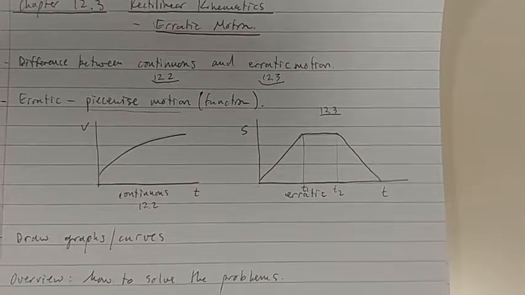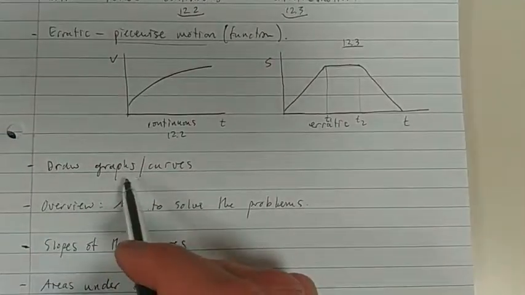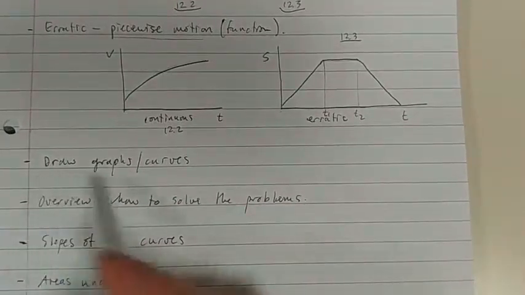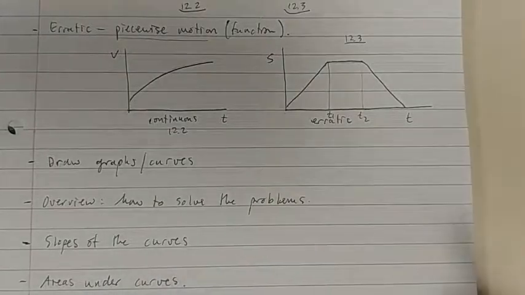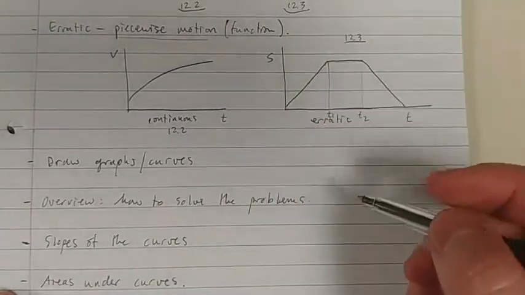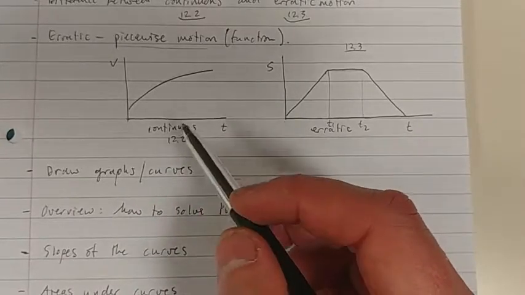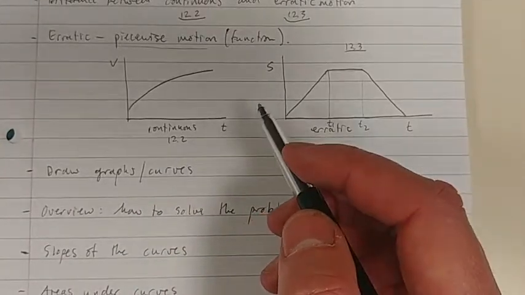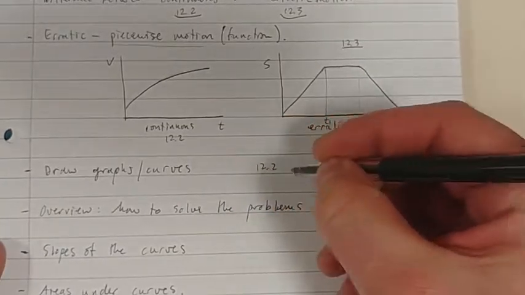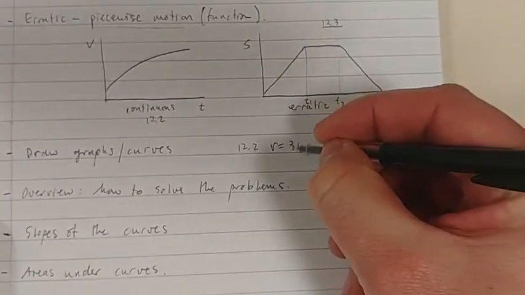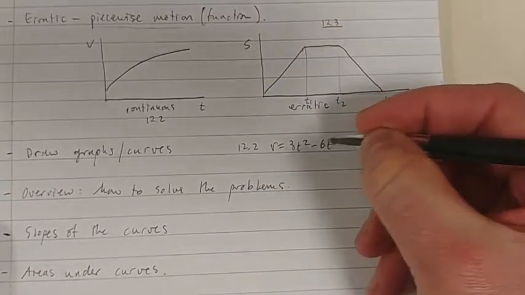The next thing I want to discuss quickly is the basic idea in this section: we're going to draw graphs. In 12.2, the continuous motion, we never really saw any graphs because we had one continuous function, something like 3t squared minus 6t.